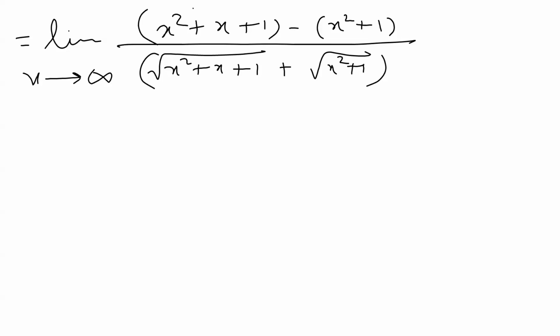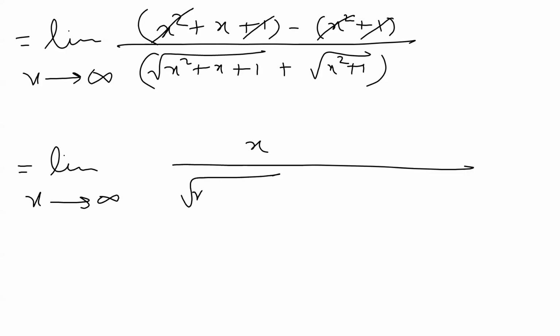So x square is gone. 1 and 1 are gone. So we are left with x upon the denominator. The maximum power of x is x, because the maximum power of this x is 1, and the maximum power of x square within the root is also x. The root of x square is x.